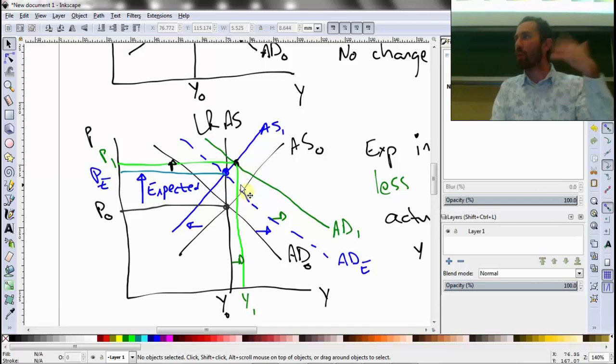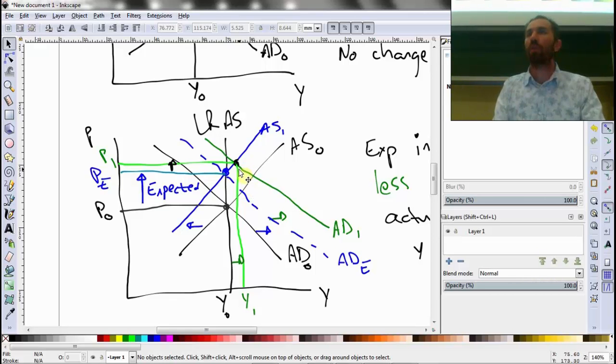Once labor realizes that this has happened, or once they are able to adjust their nominal wages to take account of this fall in real wages, which they did not anticipate, what do they do? They shift their aggregate supply further to the left. If they shift aggregate supply further to the left, what do we end up with? We end up with even higher inflation and back to our initial level of output.